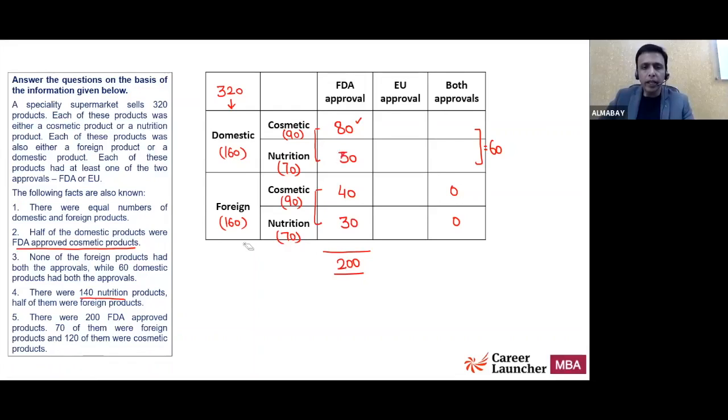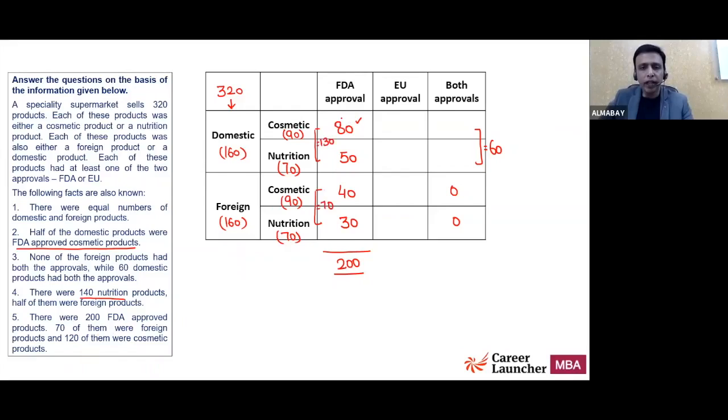So this was an important information, probably needs to figure out clearly. मैं repeat कर रहा हूँ, if we would have started, it would have said यहाँ से half of the domestic products were FDA approved cosmetic products. So out of 160, 80 domestic products are FDA approved cosmetic products. So this would be 80. Total 200 है, 70 of them are foreign. So अगर यहाँ total 70 था foreign में, so this has to be total of 130.